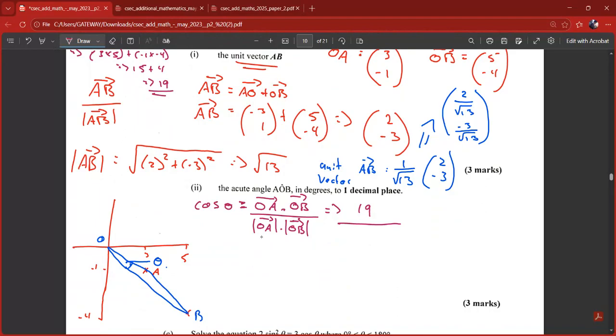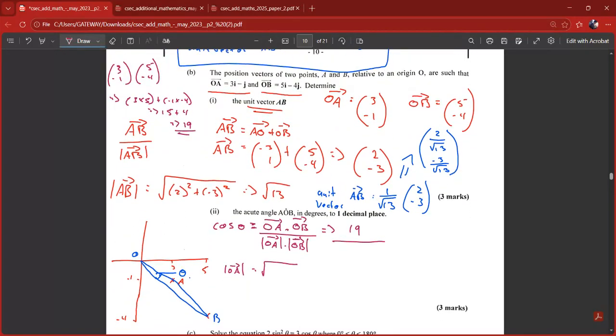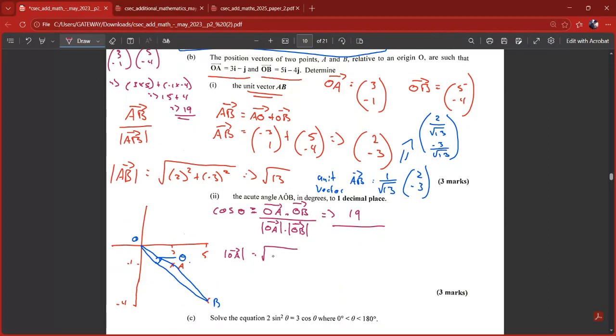This is all over the length of OA. So the length of OA will be the square root of 3 squared plus negative 1 squared, which is basically the square root of 10.